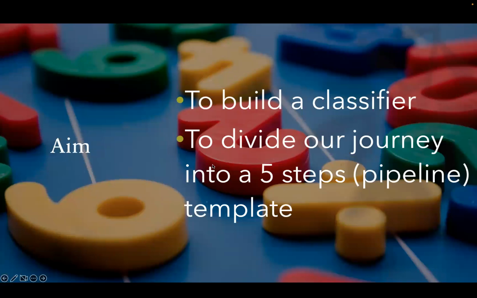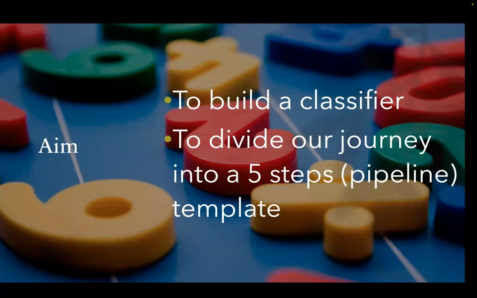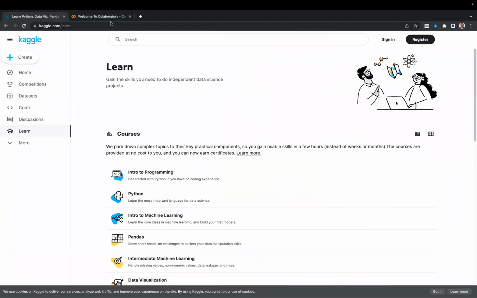So our aim is to build a classifier. We will divide our journey into 5 key steps, which is 5 key pipelines. This would be a template that you can use for your other implementations as well. So let's jump straight into it.